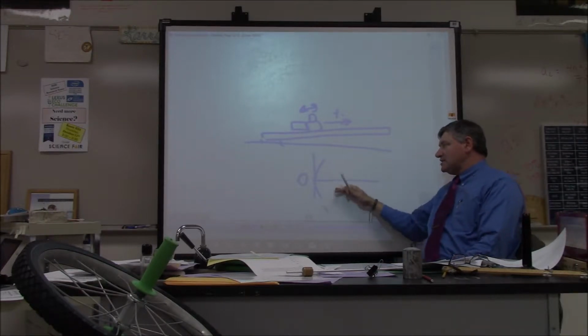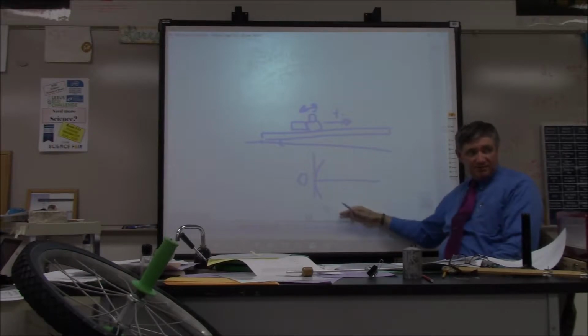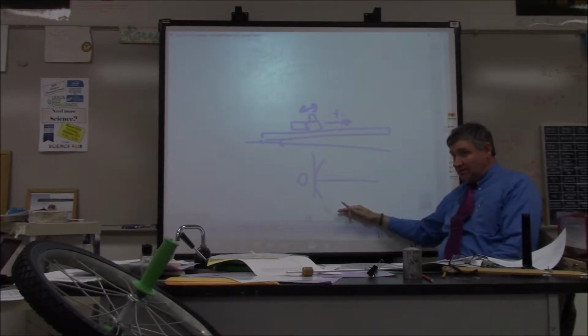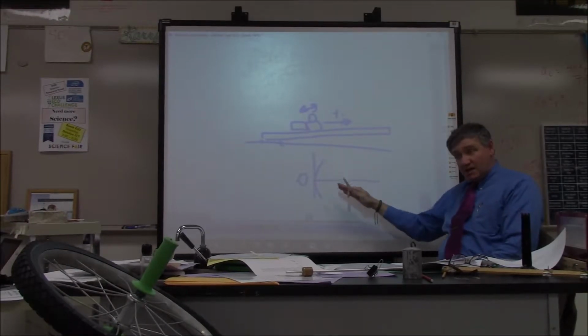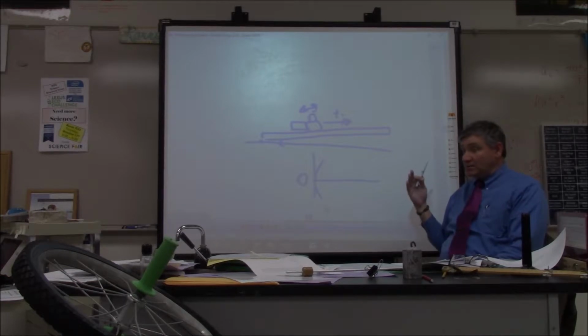If you want these two lines to be parallel, you draw them so I can clearly see that they're parallel. If you think they're not parallel, then you draw one pretty shallow and the other one steeper so that I know which one you think has a more shallow line and which one has a steeper line. I'm not going to guess if they're parallel or not.